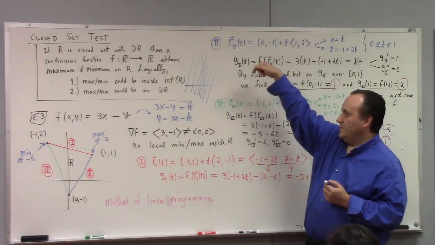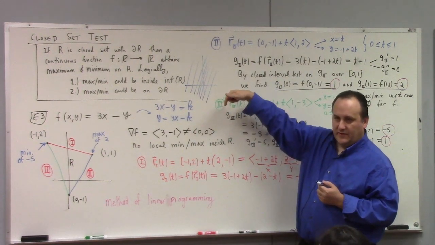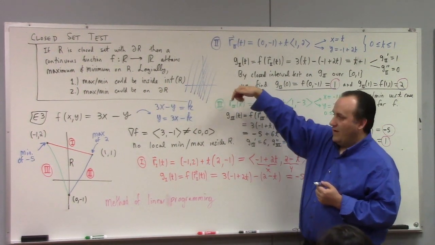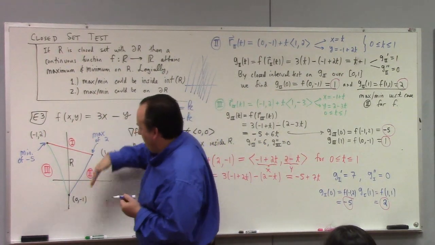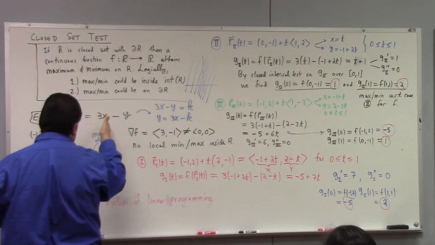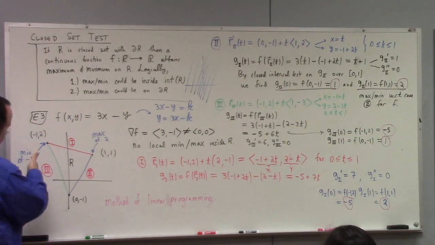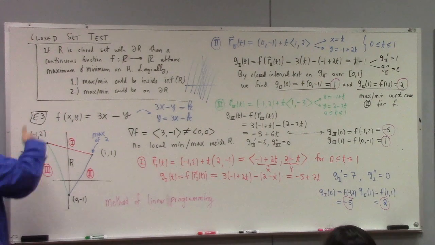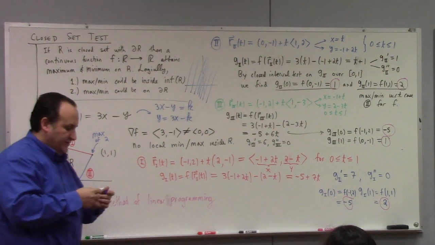The more negative the y-intercept of the level curve, the higher the level. As you look at level curves of slope 3, this one would have a more negative y-intercept than that one. And this is the y-intercept.